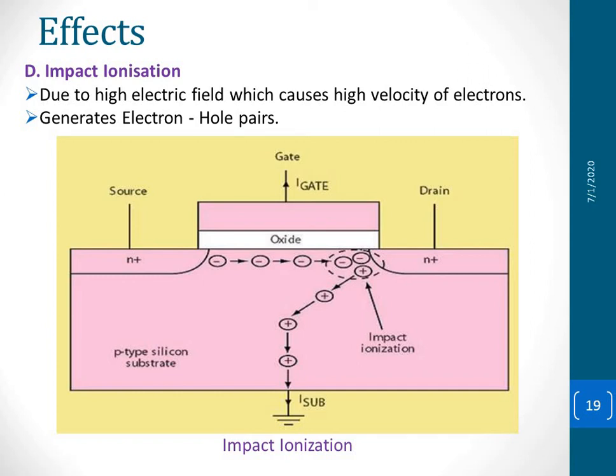Due to higher electric field, which causes high velocity of electrons. So the high electric field which is given here, which causes high velocity of electrons, will generate some electron hole pairs. You can see here we have p type, here we have n type. So some electron hole pairs are generated, and this is called impact ionization.